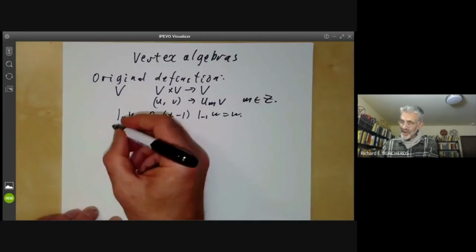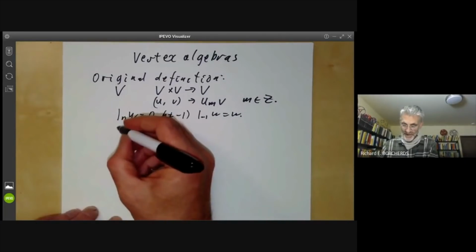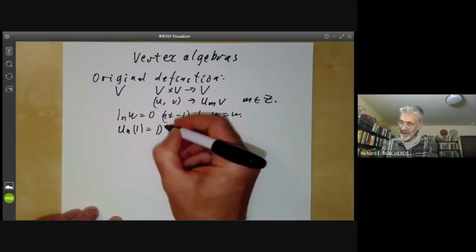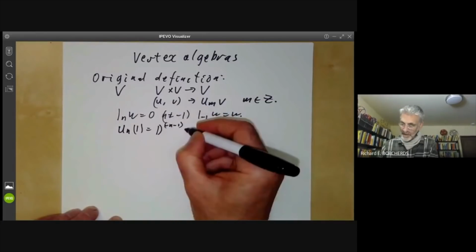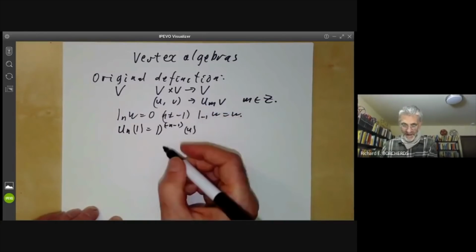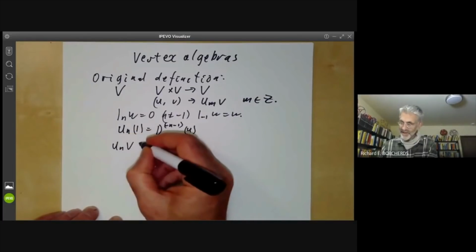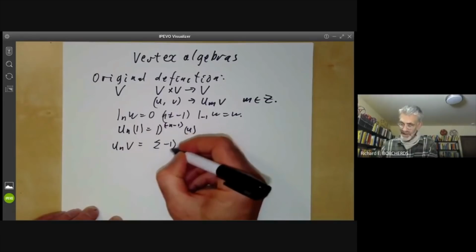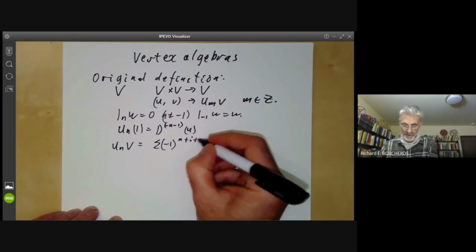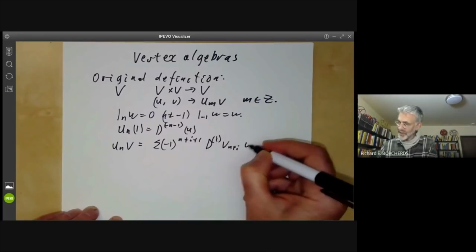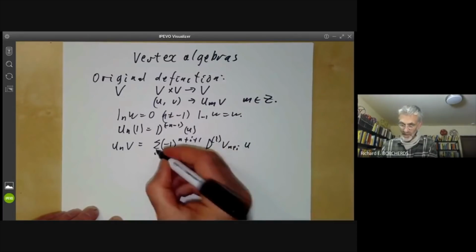And it also has a sort of derivation with divided powers, given by u_n 1 is equal to D^(-n-1) of u. And it satisfies some identities. And the first of these identities looks like this. It says u_n v is the sum of (-1)^(n+i+1) D^i v_{n+i} u, summed over all i.